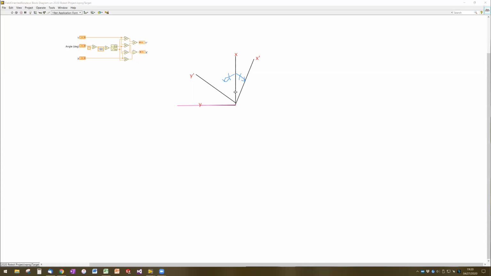So the math is going to do that for you and rotate this so that when you press forward on the stick, the commands going to the swerve math have been rotated.